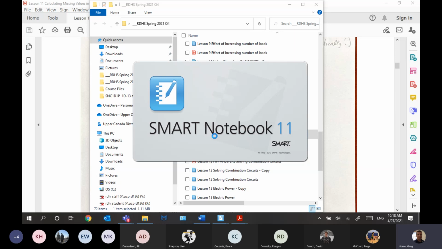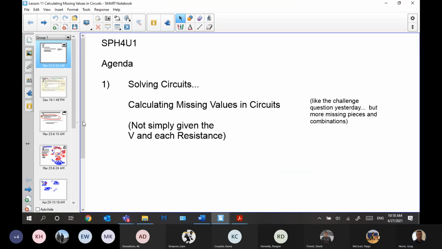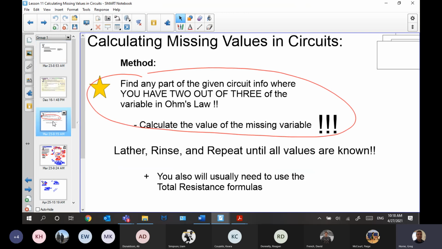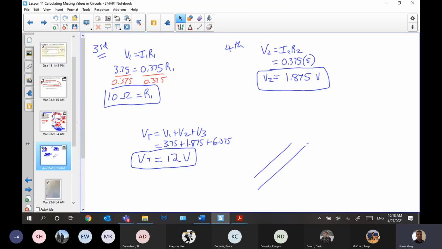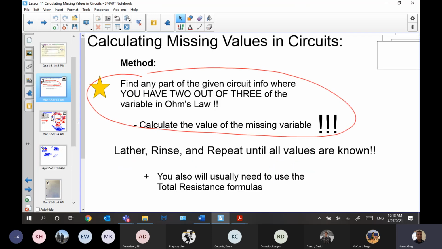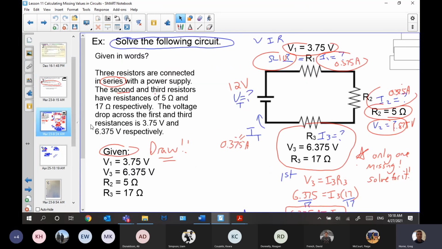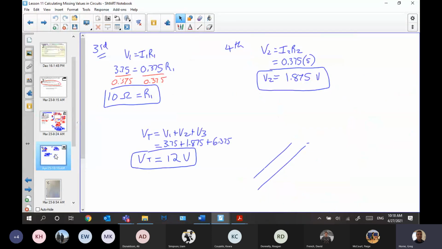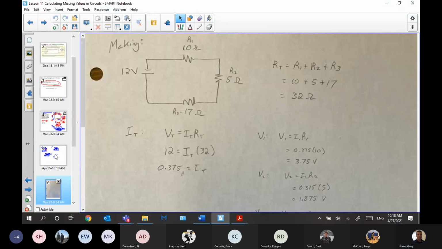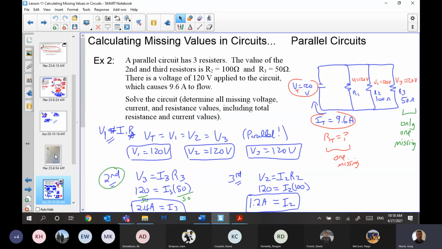Just give me a sec here to get this one loaded. I think it was this one.